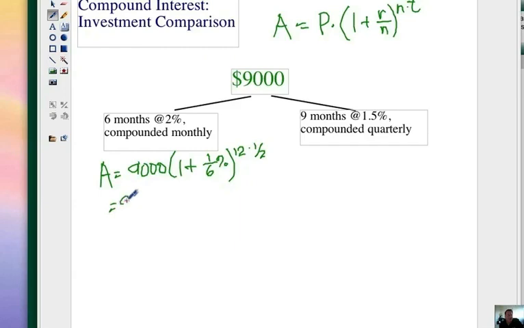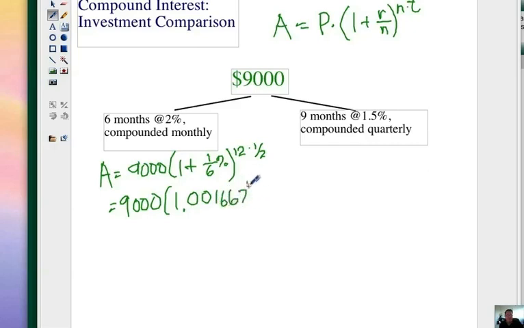All right, 9,000 times 1 point. Now when you do 1 over 6 and divide that out in the calculator and then move your decimal 2 places to the left, you're going to get 0.001667.